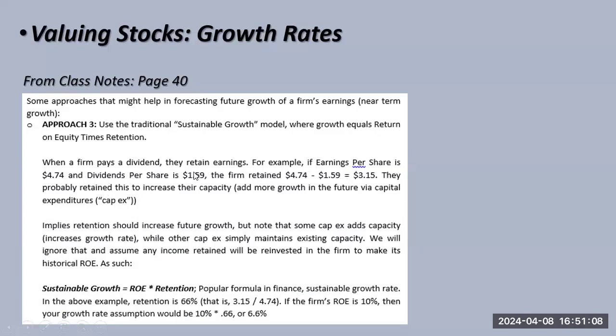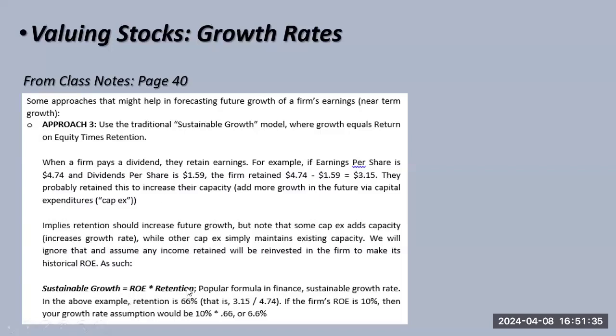So if your dividends per share is $1.59 and your earnings per share is $4.74, then you're retaining $3.15. And the theory says if you're paying a dividend, you can't grow. You make $6 and you pay $6, you can't grow because you have nothing to grow with. You're just distributing out the entire firm. So you can only grow with retention.